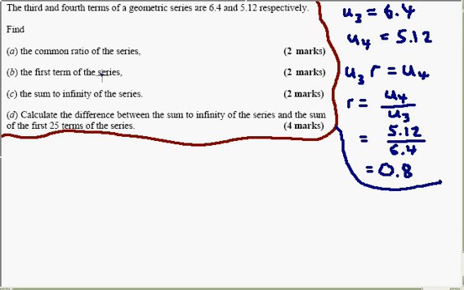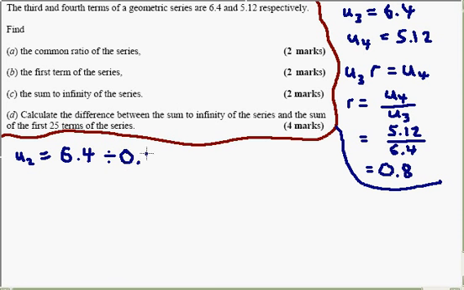The next piece of the puzzle asks for the first term of the series. Now we have U3 and U4, so we can work backwards to find U2, which is going to be 6.4 not times by 0.8, but because we're working backwards, it's now a divide.